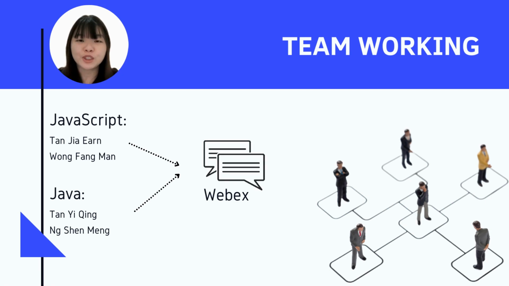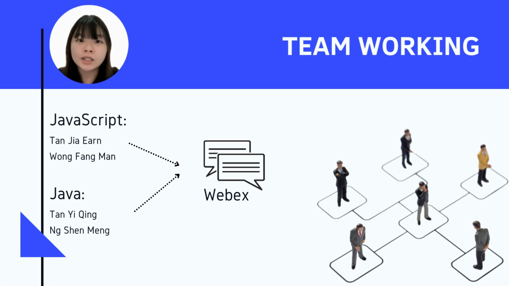So in the composition of components, we worked in a team in finding different information and resources from the internet. The resources that teach composition of JavaScript and the EJB are very few. So we need to distribute the problem into smaller parts.